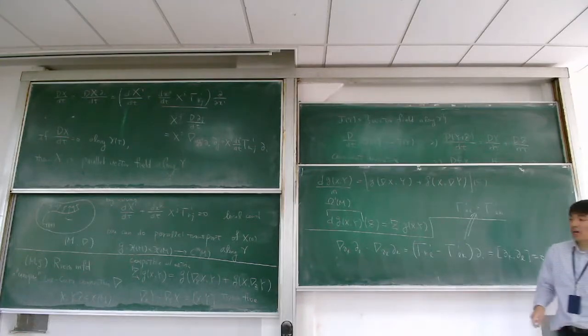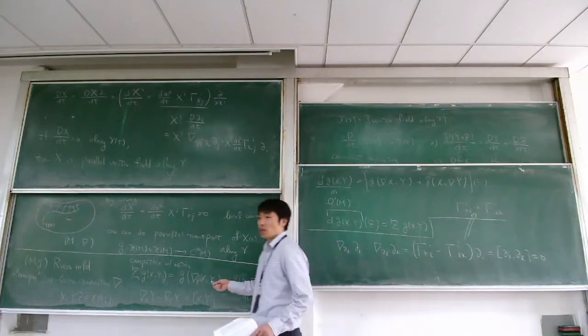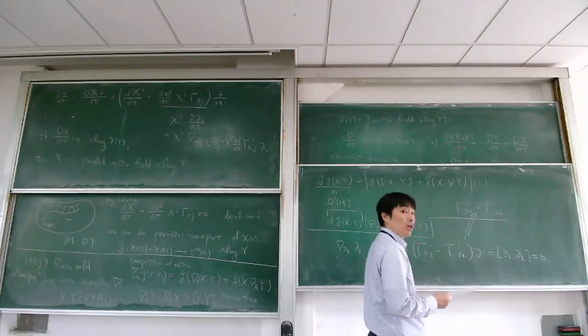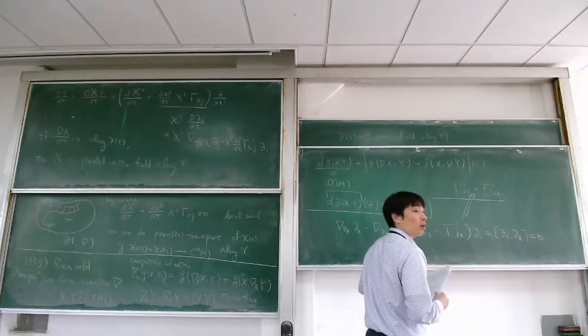So how do you write the first condition in terms of local coordinates?